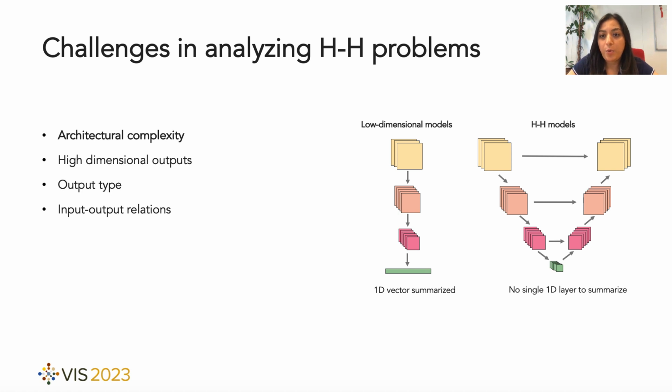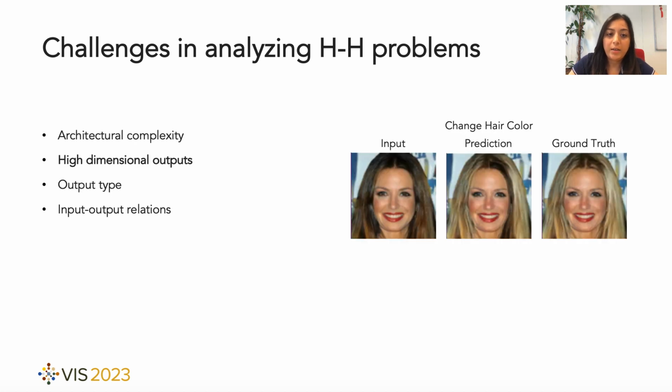However, HH models lack this single compressed layer, making analysis of high-dimensional spatial features complex due to the curse of dimensionality. Additionally, the number of output classes in low-dimensional tasks is small. However, in HH problems, there are many output variables or pixels which can behave variably, like the local failure in changing the hair color to blonde hair.